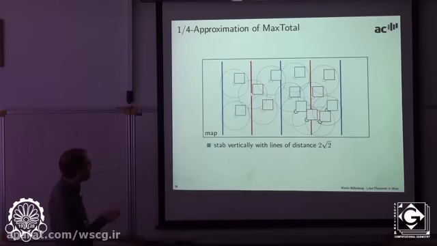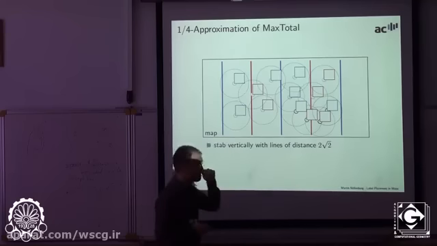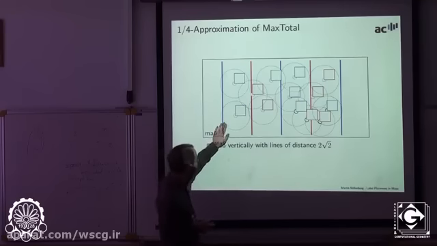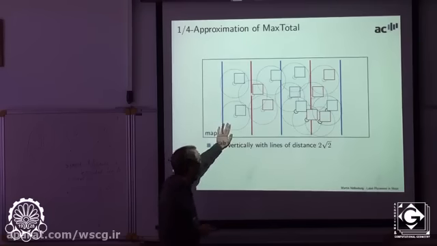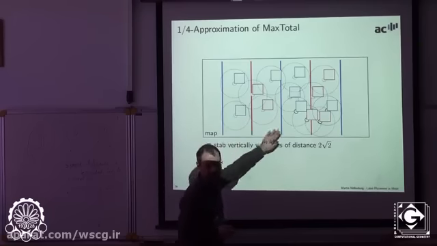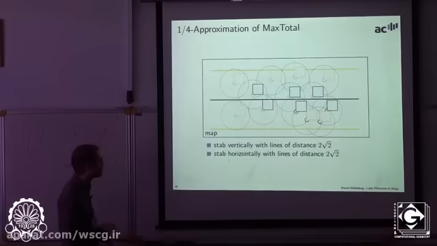Then we color each label by the parity of its stabbing line: the odd stabbing lines are blue and the even ones are red. This gives us a set of blue labels and a set of red labels. Note that no 2 blue labels can ever intersect each other. Blue and red could still intersect.